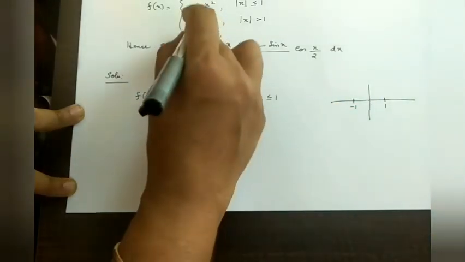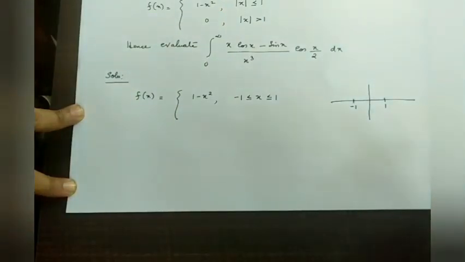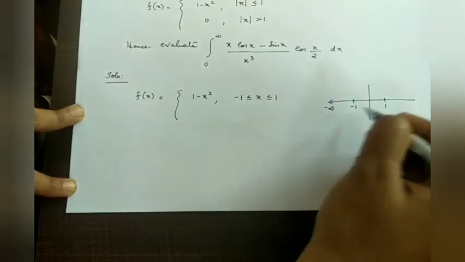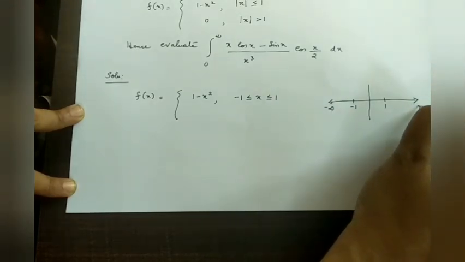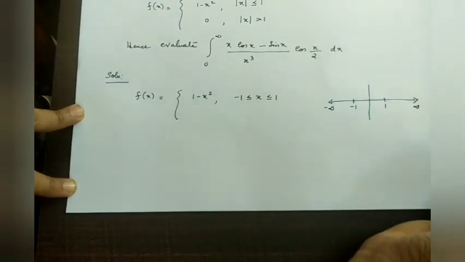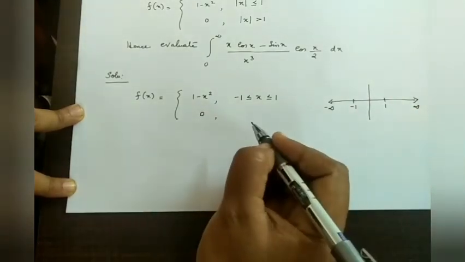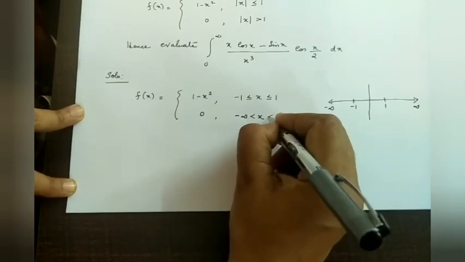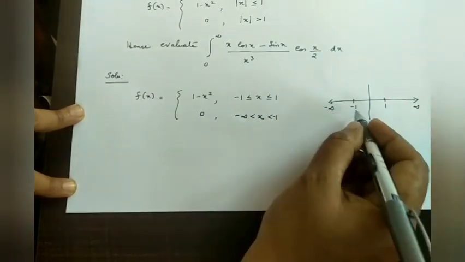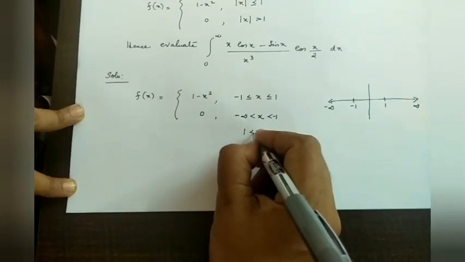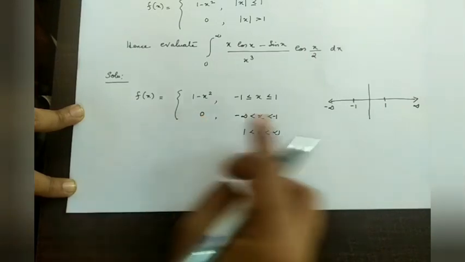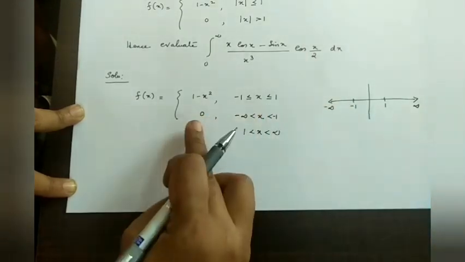Now 0 when |x| greater than 1 means 0 elsewhere. Therefore we can define it as, from minus infinity to minus 1 and from 1 to infinity, the value of the function is 0. From minus infinity to minus 1 the value of the function is 0.